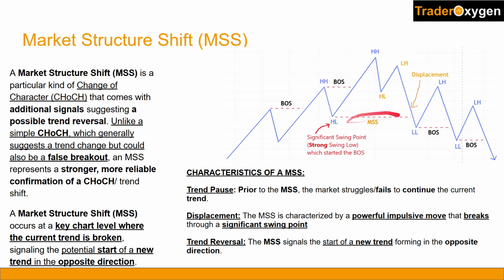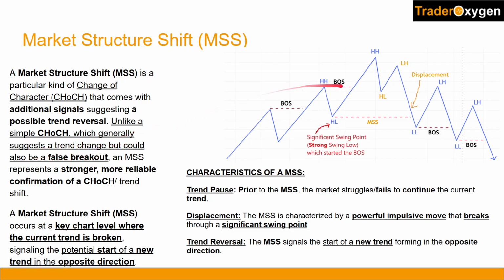However, a market structure shift is a more powerful version of a change of character with additional signals with these characteristics, because a simple change of character we generally suggest a trend change. Yeah, that's true, but it could be a false breakout.